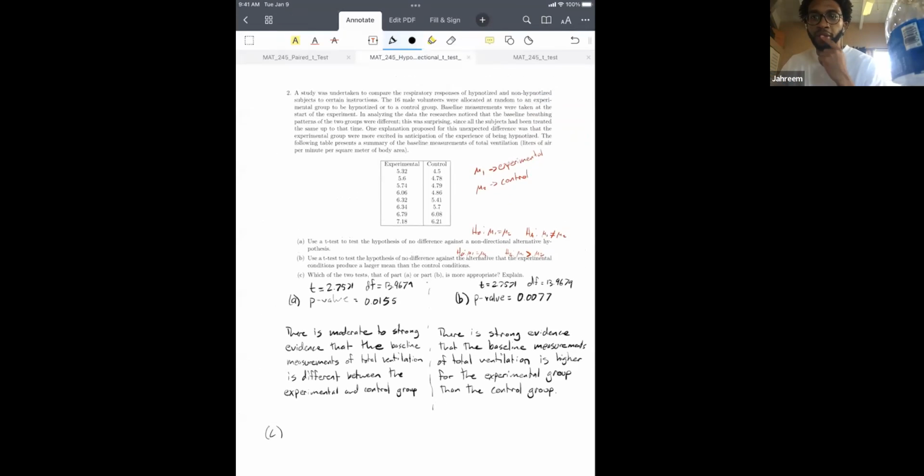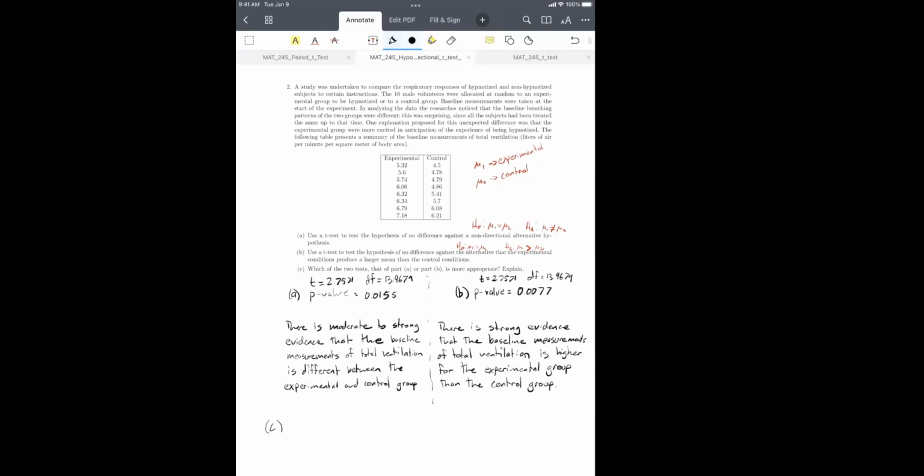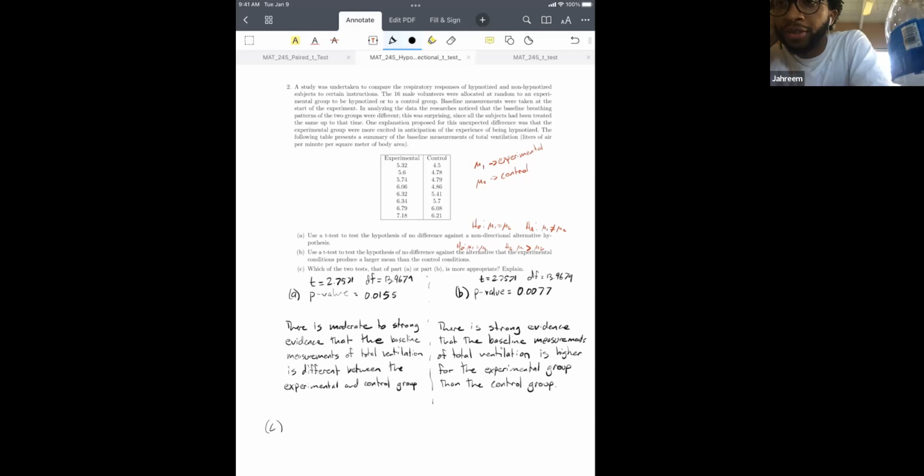I was going to say the directional one would be more appropriate because it's what you're trying to show. I think the non-directional one is more appropriate. Yeah, I think it's the non-directional one, because aren't we not supposed to look at the data in order to use the directional one?